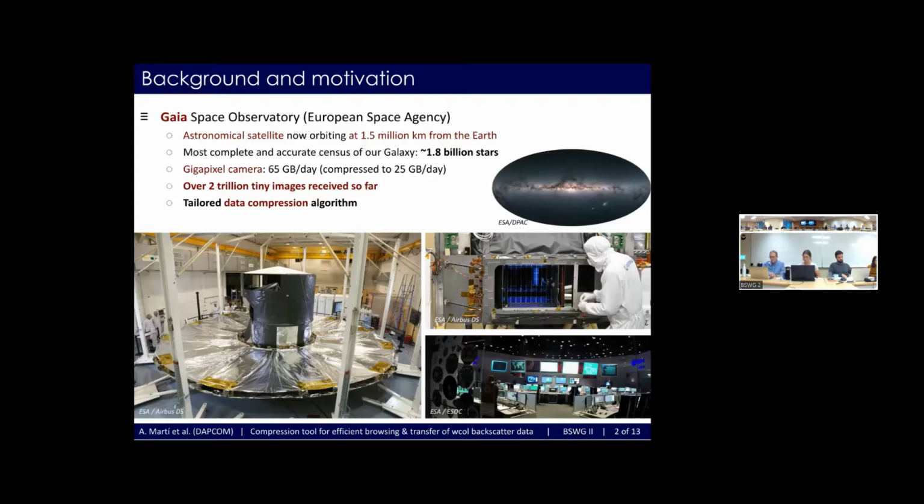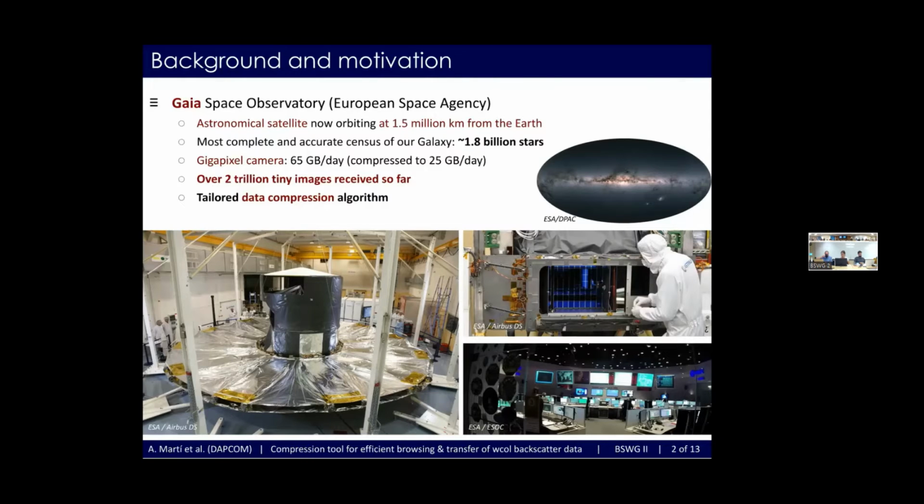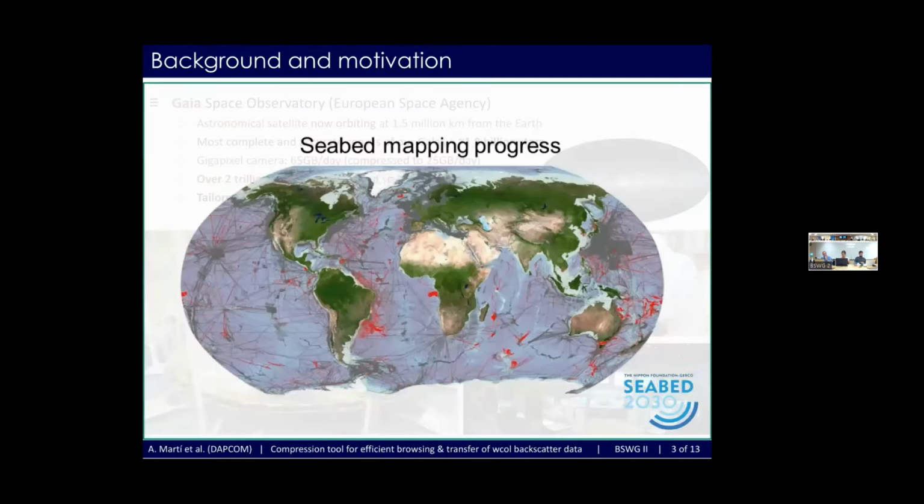Currently the mission has a census of 1.8 billion stars, and this is about 1% of the content of our galaxy, which may be compared to the also very limited seafloor mapping available for our oceans.